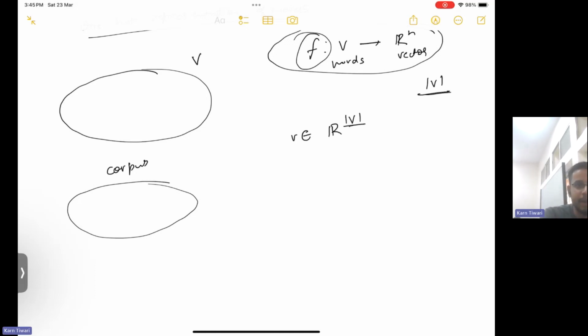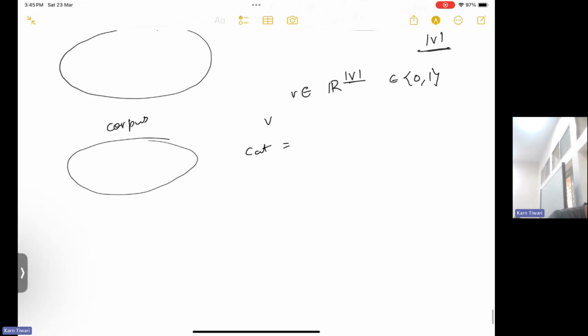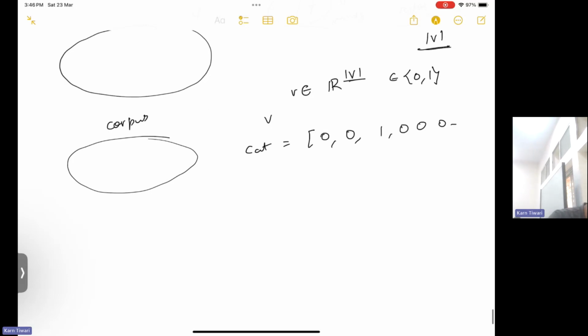We'll be assigning a vector of that many dimensions, and each vector will be of the form zeros and ones. Each vector will always have only one of its indices as one and the rest of the indices as zeros. So, for example, if we have cat, we will be representing cat as zeros, and at a certain index it will be one, and after that all zeros.